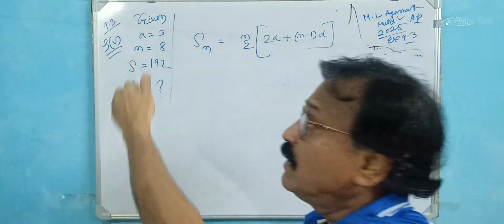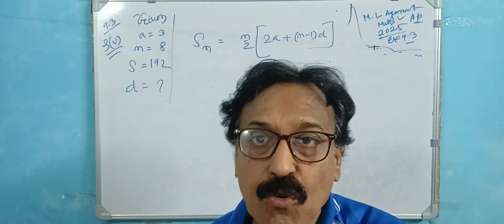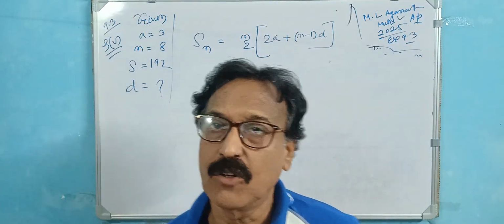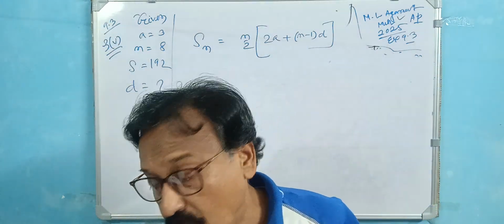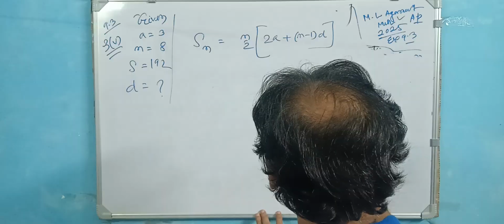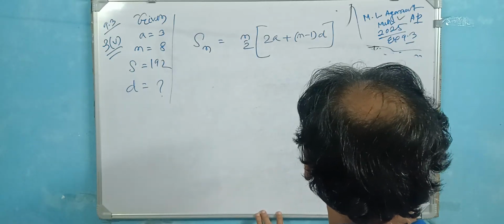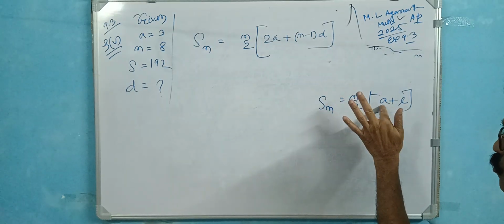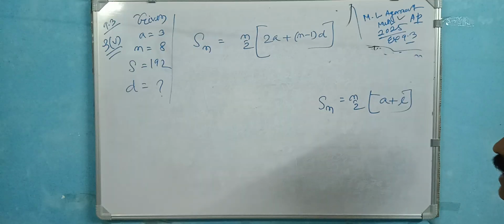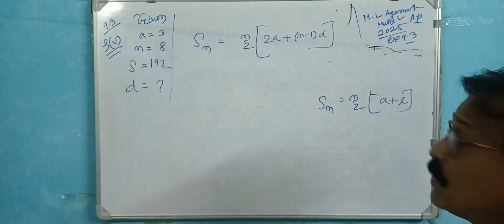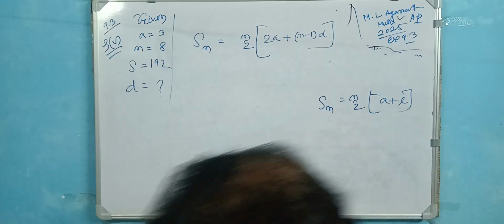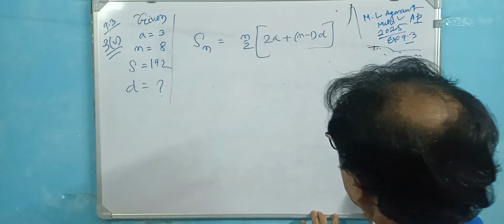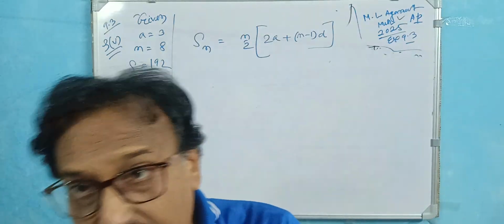On the basis of the given data, you select which formula to apply. Here l is not given, so you do not use Sn equals n by 2 (a plus l). You know a and n, but d and l are unknown, so you cannot use that formula. If you find out the last term, then you can use it.